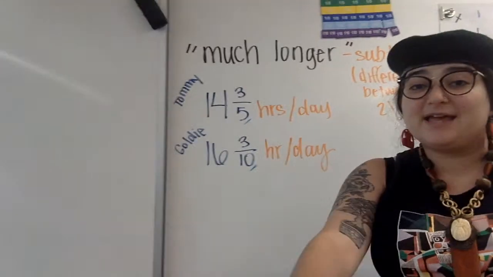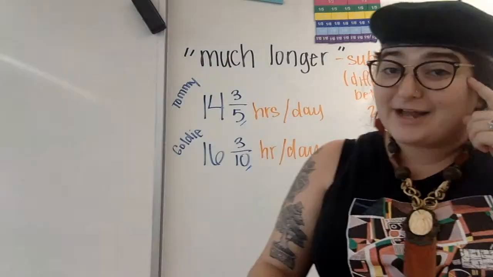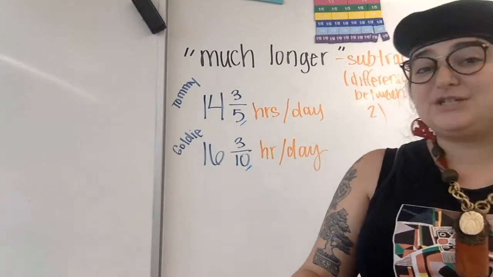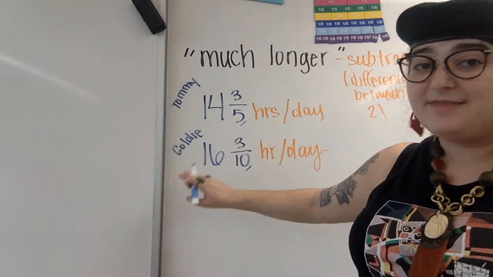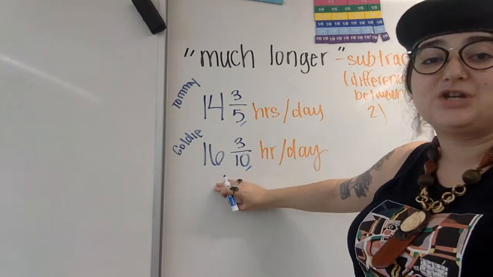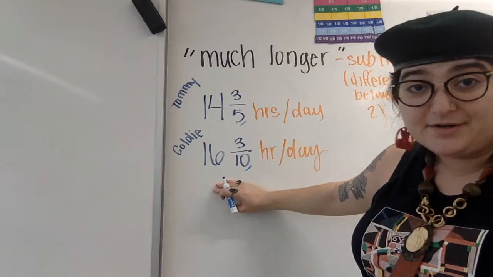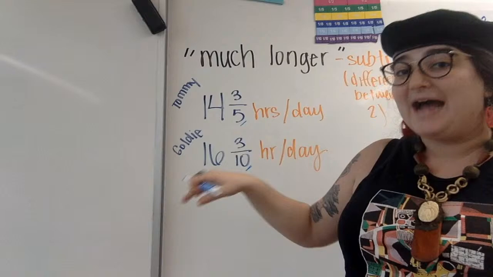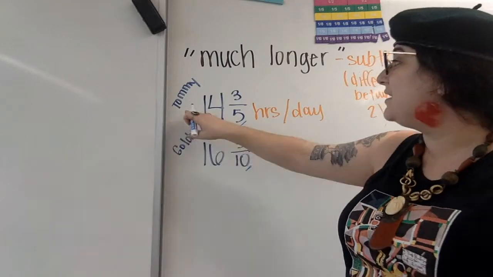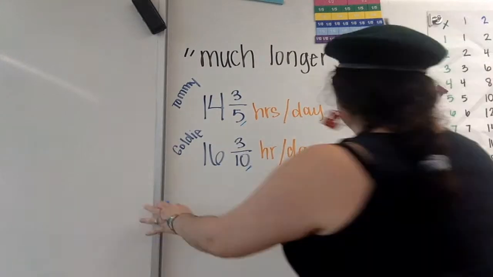Now, the cool thing is I know in my head that all I need to do is multiply 5 by 2 to get to 10. And I don't need to do anything to change Goldie's denominator. So really the only fraction I'm going to be multiplying by an equivalent fraction is going to be Tommy's. So take a look with me.